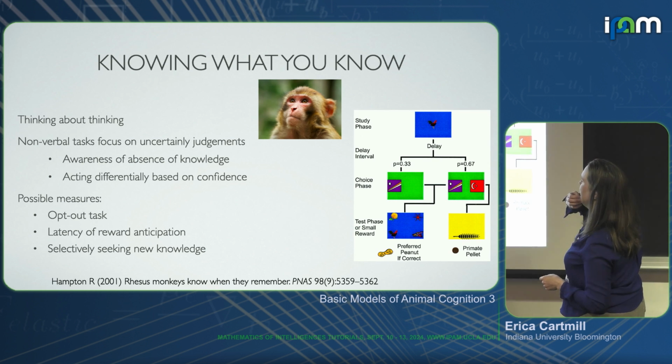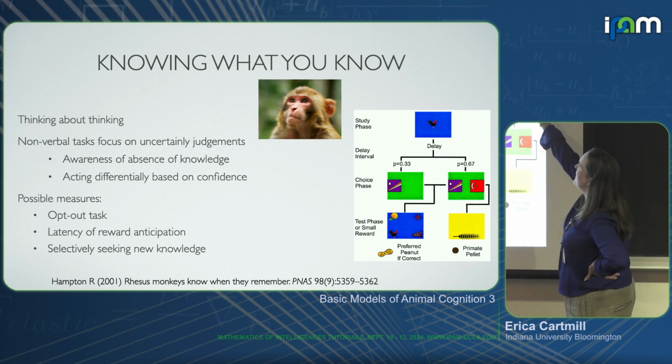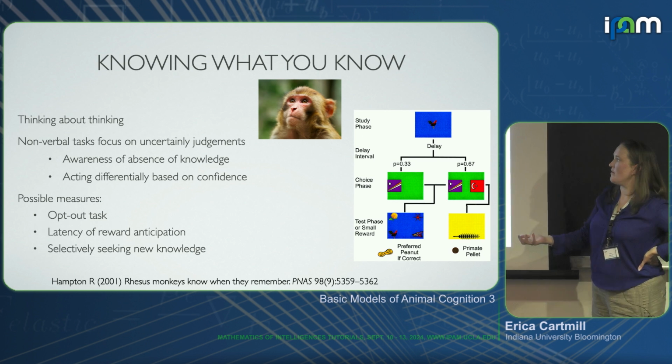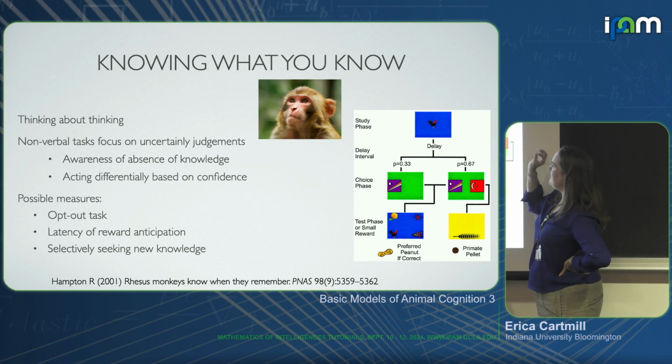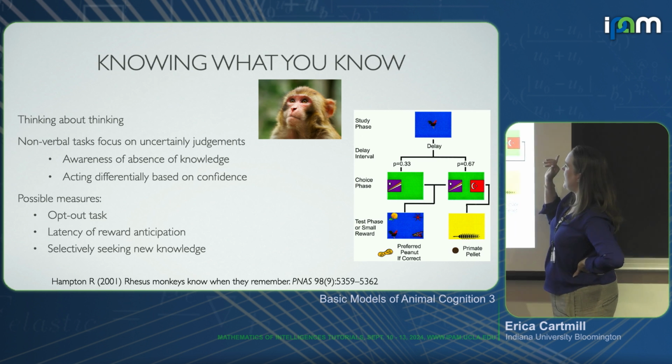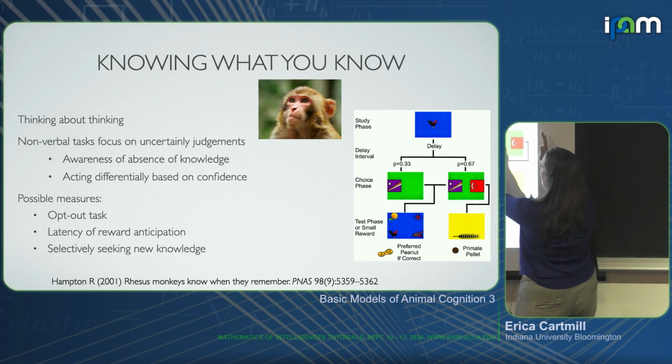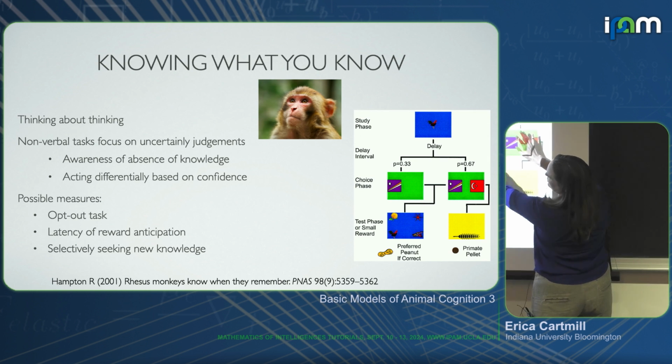In this study, they had rhesus macaques, and they showed them an image. Here, a little picture of a rooster, and then they have to wait for some amount of time. Then they have a choice. These are two different conditions.